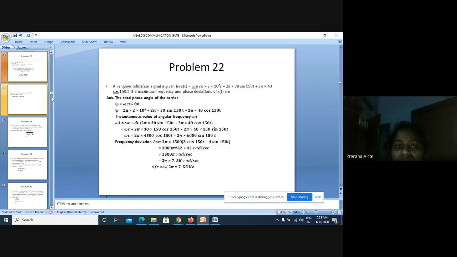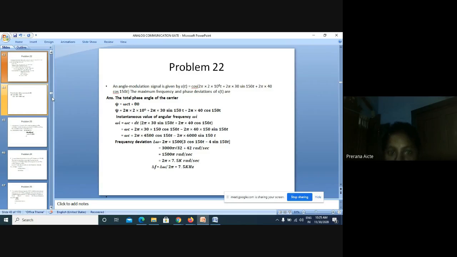So in order to find this, the phase is 2 pi into 2 into 10 power 6 plus 2 pi into 30 sine of 150t plus 2 pi into 40 into cos of 150t. We have done this in the previous examples, how to find the maximum frequency deviation and the maximum phase deviation.